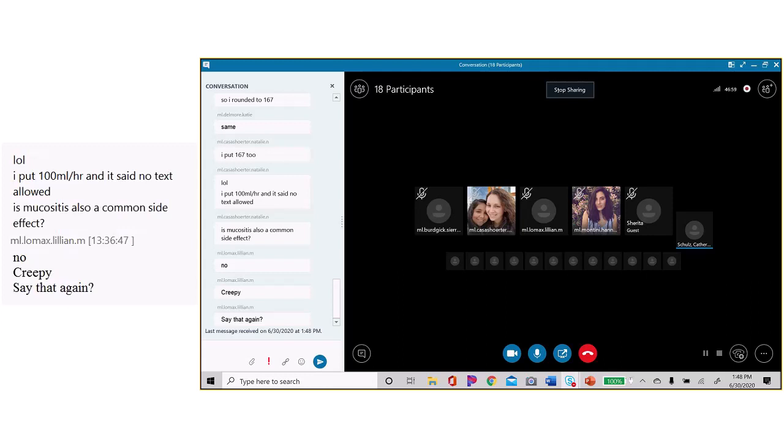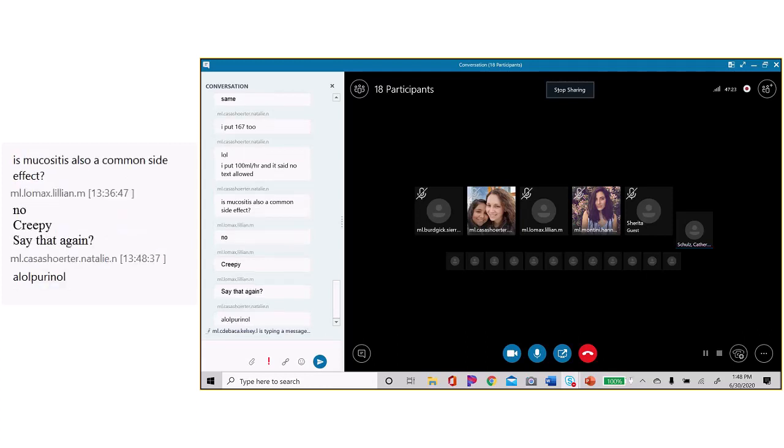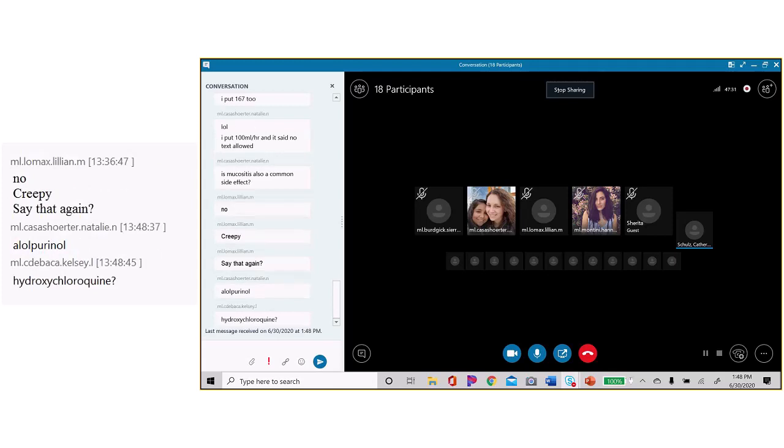Which other medication did we talk about that caused retinopathy, where the recommendation was that they see the eye doctor frequently? Yes, hydroxychloroquine.